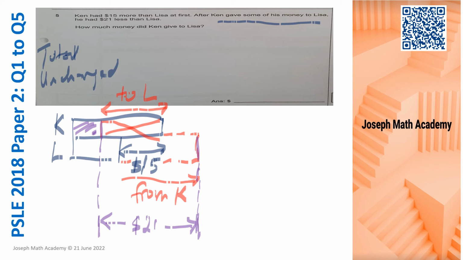Now one thing for sure, we all know very well that this red dotted rectangle here is the same as the one that is crossed out. It's exactly the same. So I can conclude that this is equivalent to this.